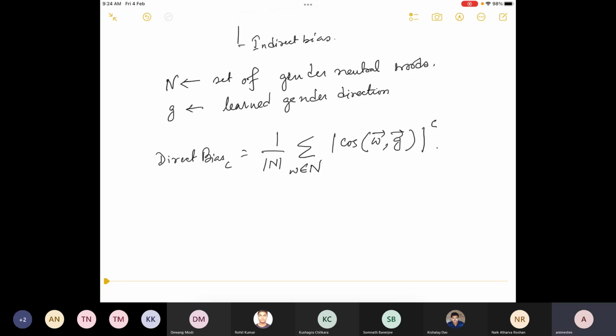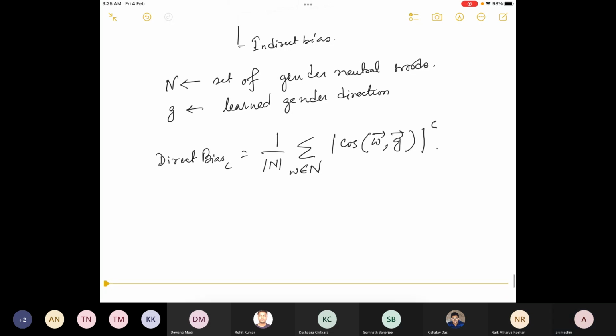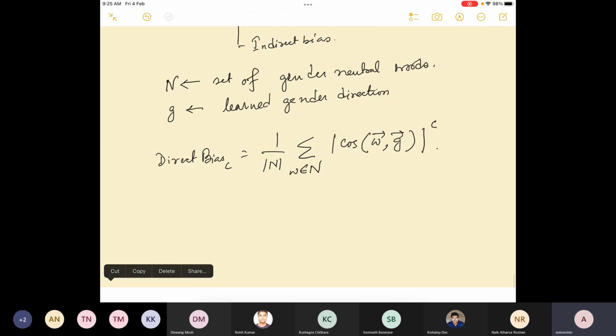This is the overall direct bias in the data computed from the individual words present in N, which are typically gender neutral words, but in many cases have a stereotype associated with them. Now what does this measure tell?